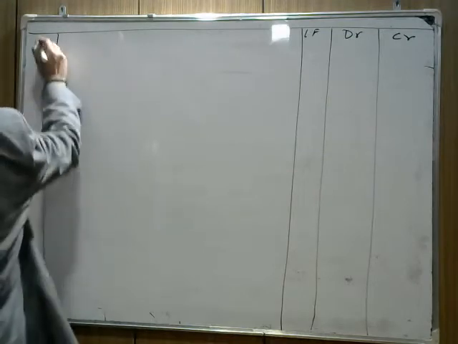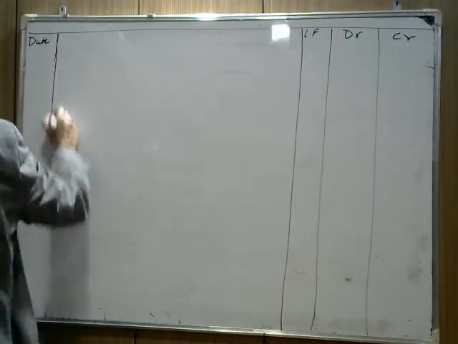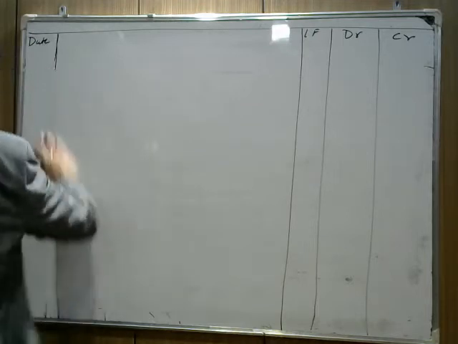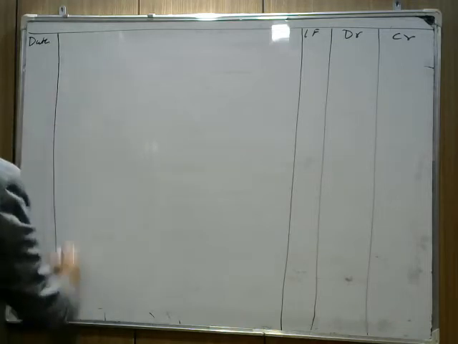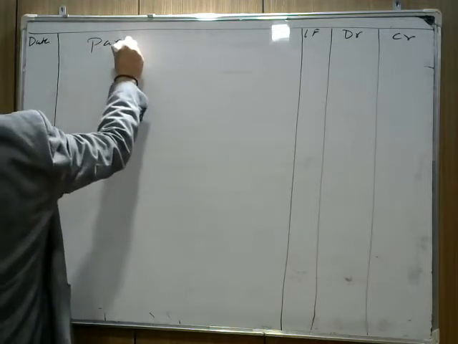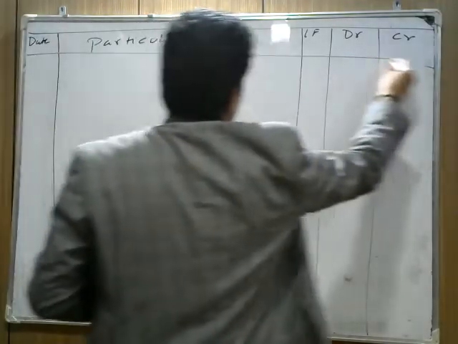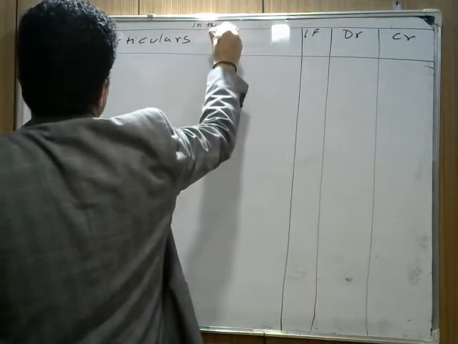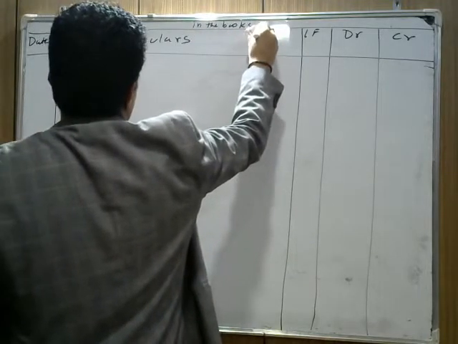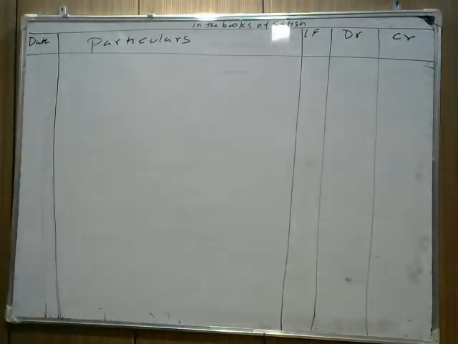We have to write date, particulars, debit and credit. We are preparing journal entries in the books of Satish.